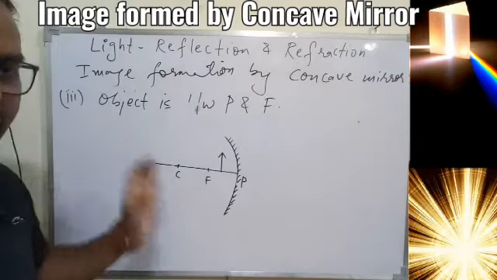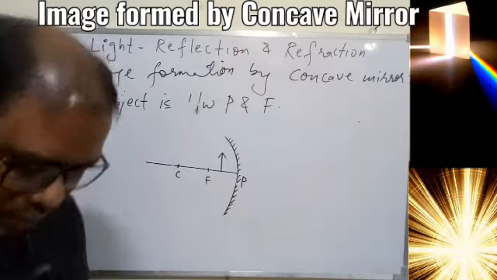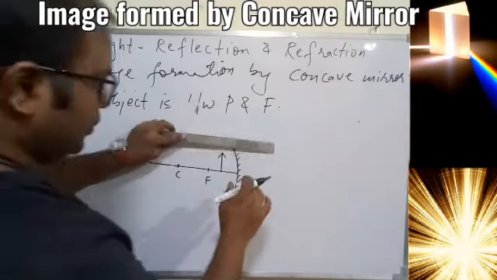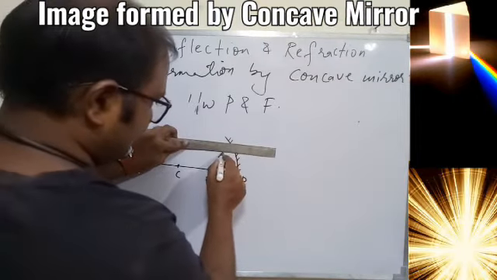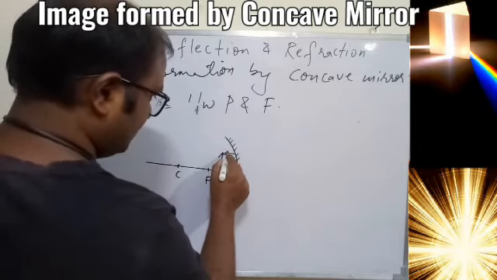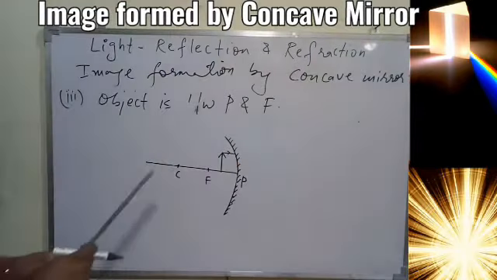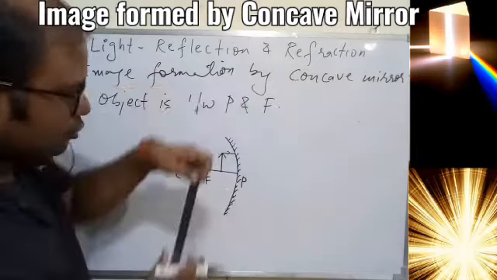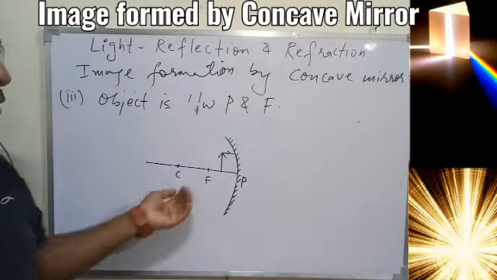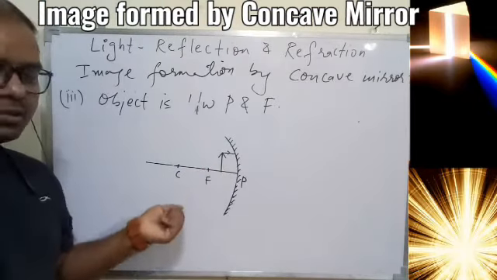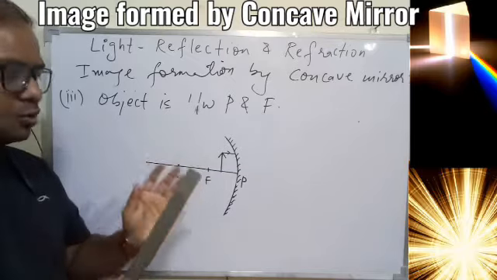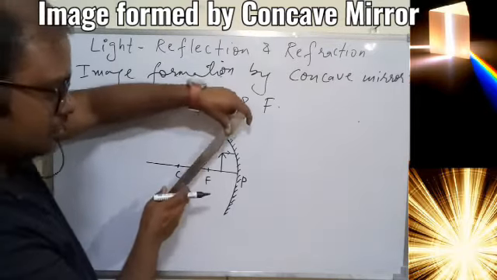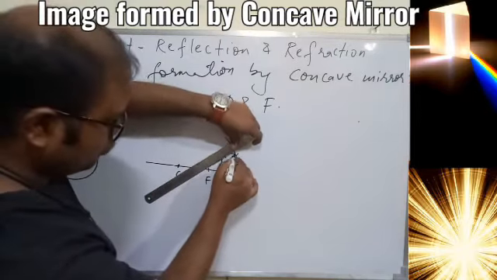Then we will apply the cases. We'll do the same thing, a ray of light parallel. So you know what will happen to this, it has to pass through focus. Don't think like if the object is in front of the mirror, then how will the light cross. We are not able to show the 3D picture, but it is possible that the light will pass through the focus also.